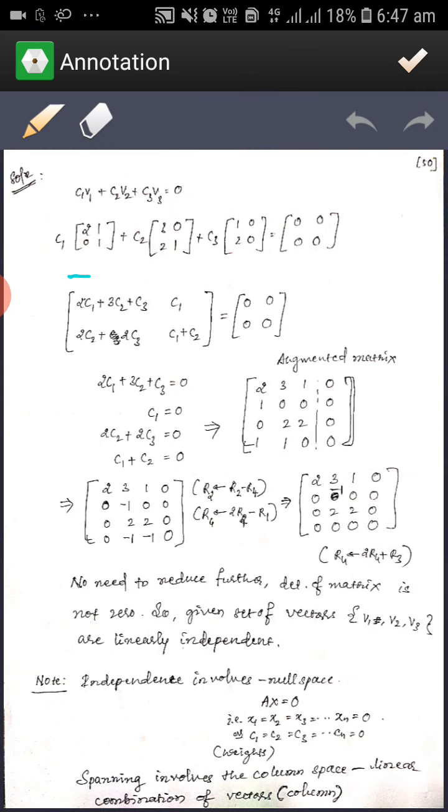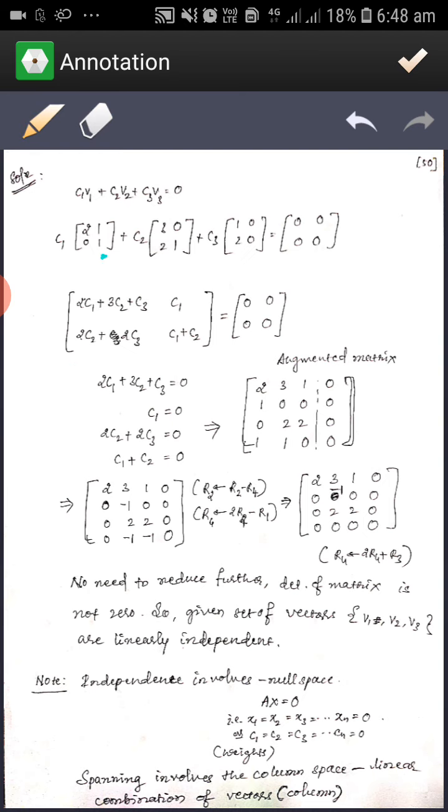As I said, this is the 0 matrix, and whatever the matrices are, first we need to write them as an equation. The first matrix is 2 3 1, 2 2 3 1 with c1. In the second, only c1 is there, no other term, 0 here and 0 here. The third one is 0 2 2; the first term is not there, only the c2 and c3 terms are there. The fourth one is 1 and 1.